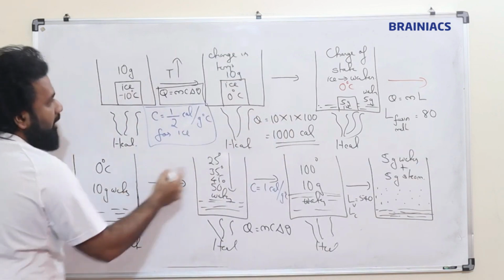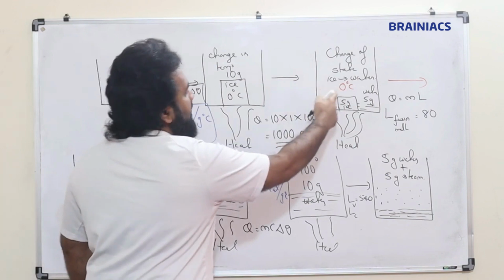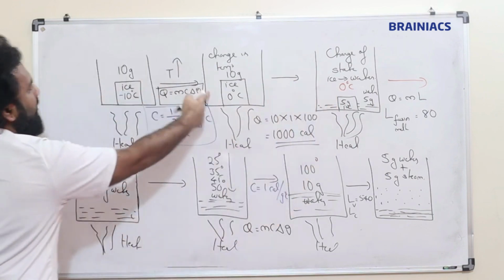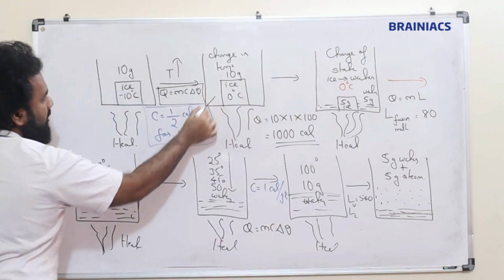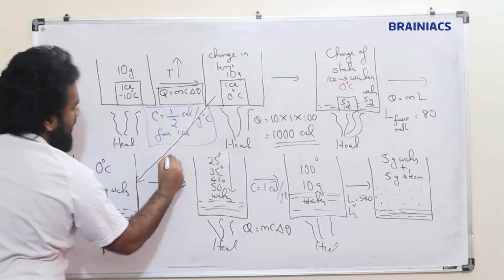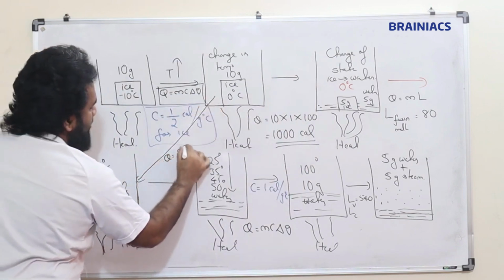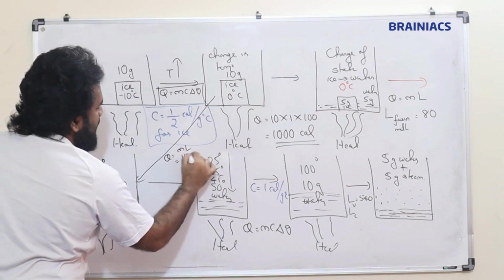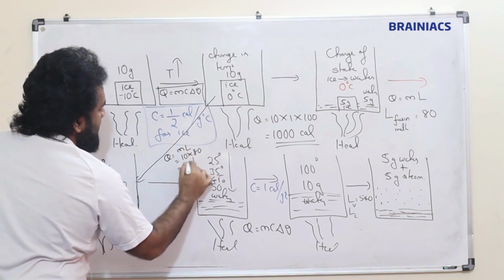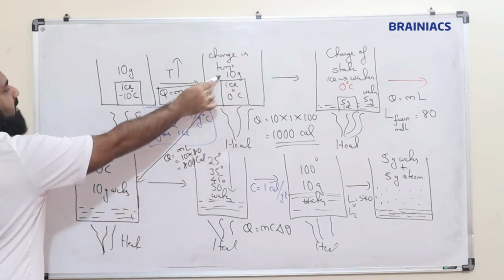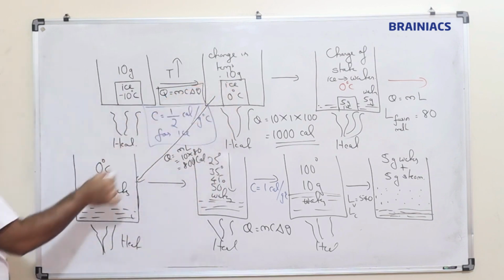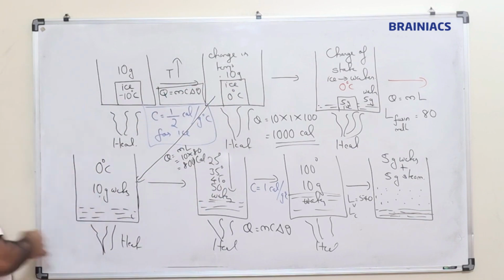The total heat required for this process, that is 10 gram of ice to 10 gram of water, is mL, that is 10 into 80. So this is going to be 800 calories to convert 10 gram of ice at 0 degree Celsius into 10 gram of water at 0 degree Celsius.